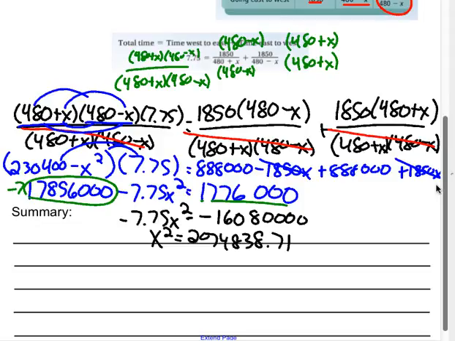Now I just have to square root that to get my answer. So my x is going to be about 1,440.4.